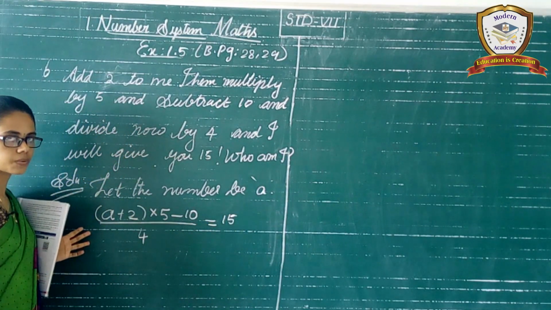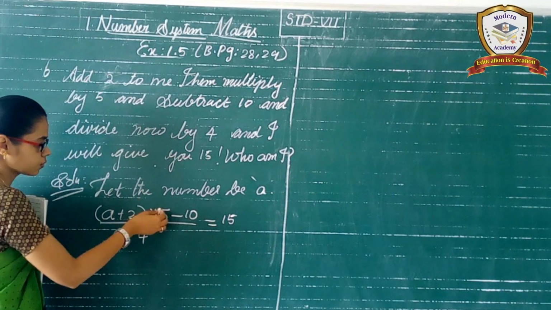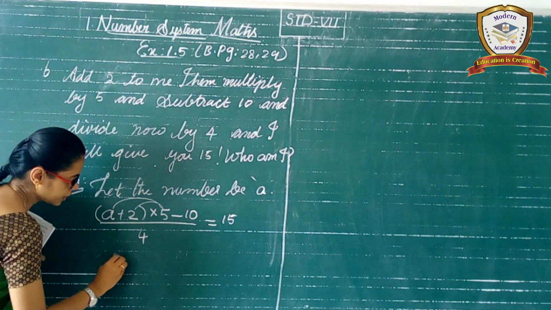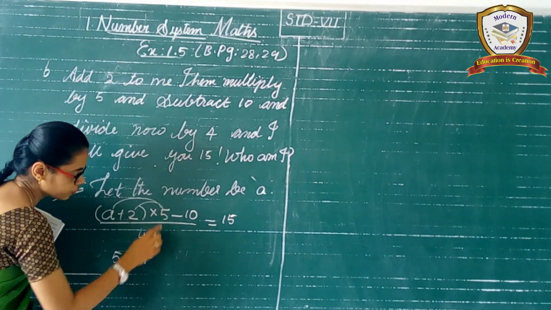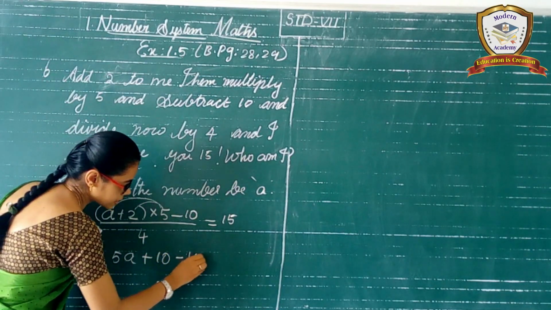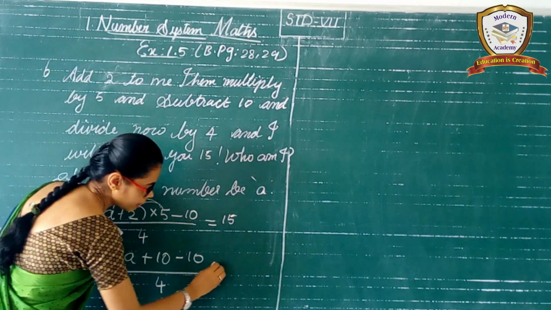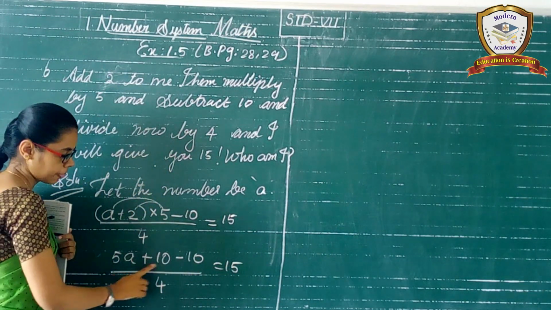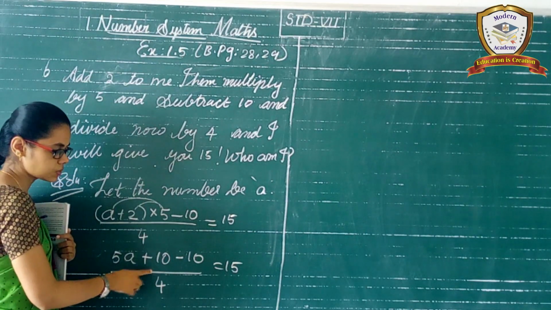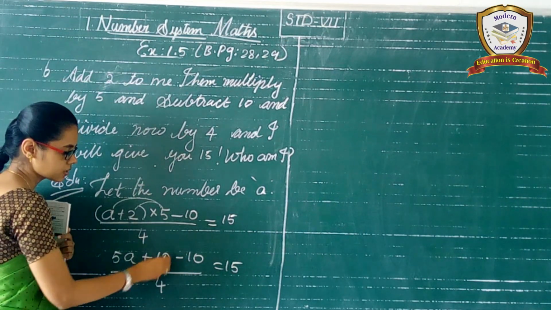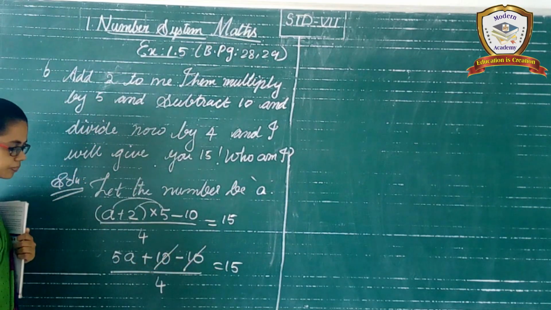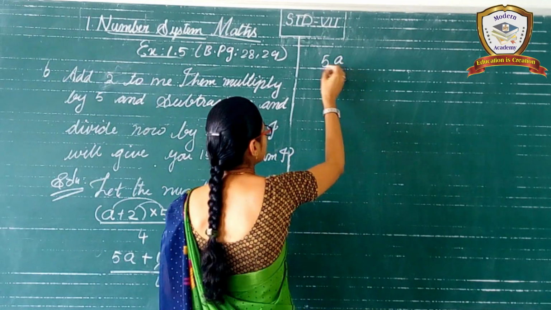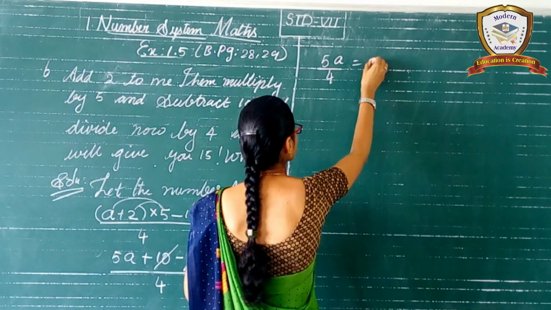So these are the conditions. Okay? Now we have to simplify. So 5 we have to multiply inside. Right? So 5 into A, 5A plus 2 5s are 10, minus 10, divide by 4 equal to 15. Clear? Now we have to cancel. See, both are opposite signs. Opposite sign means we need to subtract the numbers. So 10 minus 10, 0. So we have to cancel. Okay? So remaining 5A divide by 4 equal to 15.